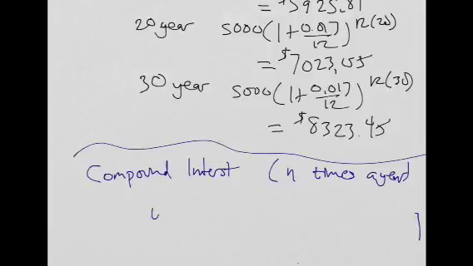And your formula is you're going to take your principal, or your starting value, times 1 plus your interest, divided by the number of times you're compounding per year, and you're going to run that to the nx power.